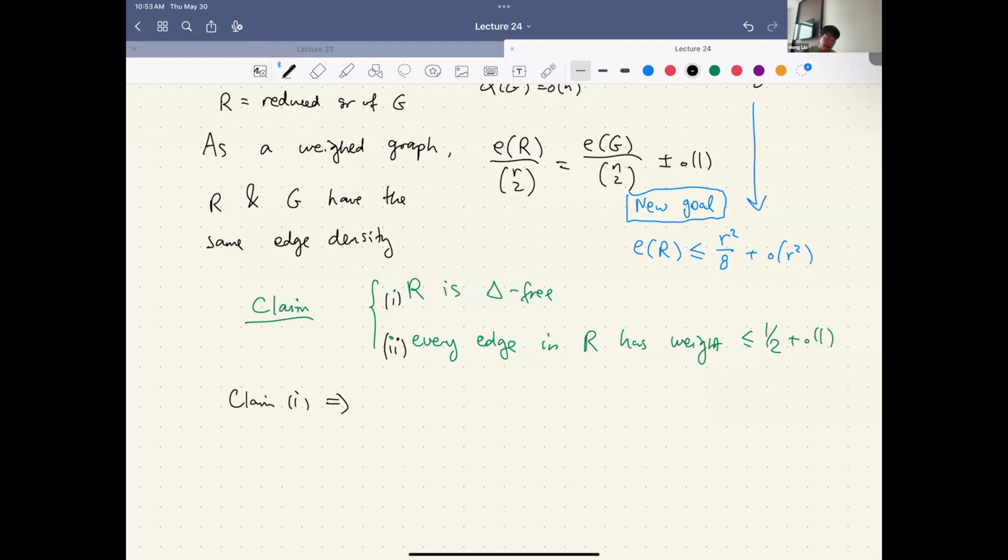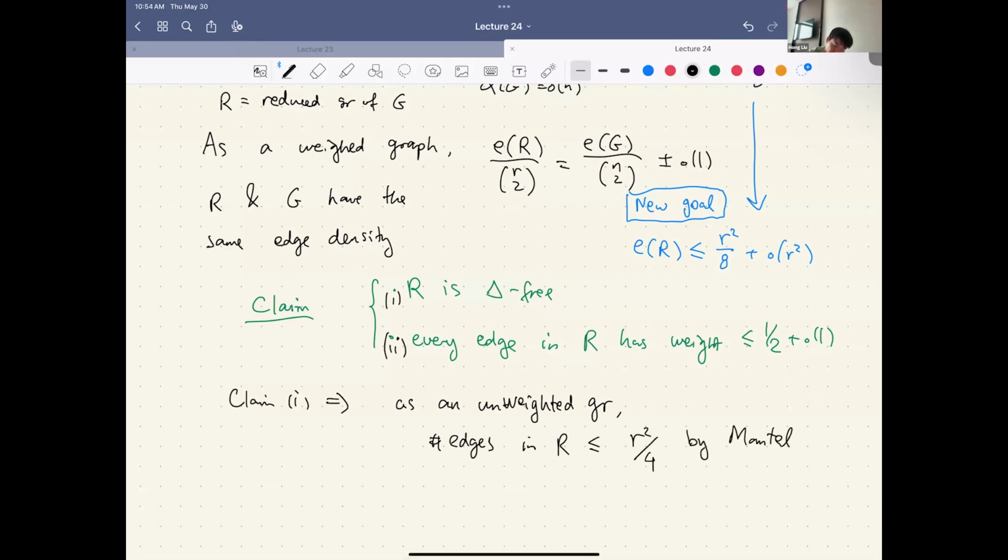Claim 1 implies that as a normal graph, not a weighted graph, the number of edges in R is at most R squared over 4 by Mantel's theorem, because it's triangle free. It has R vertices, triangle free, as an unweighted graph. Mantel's theorem applies.